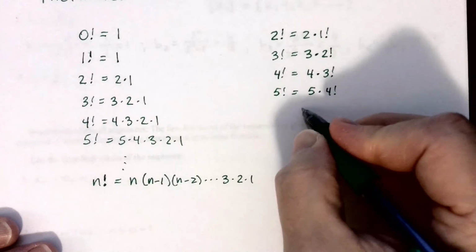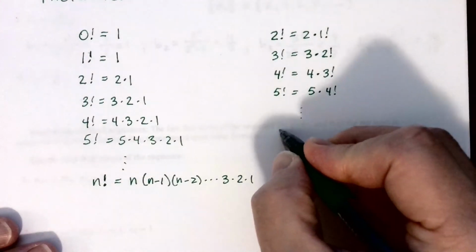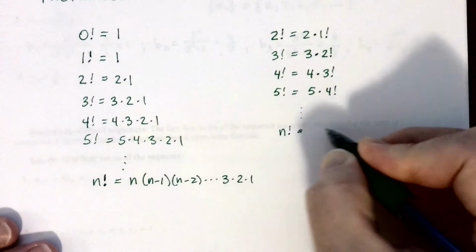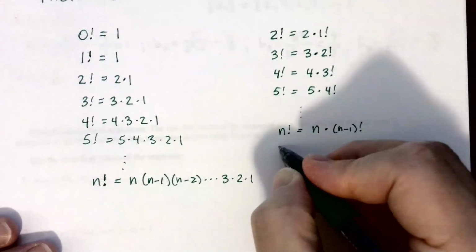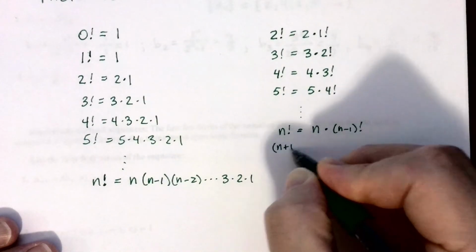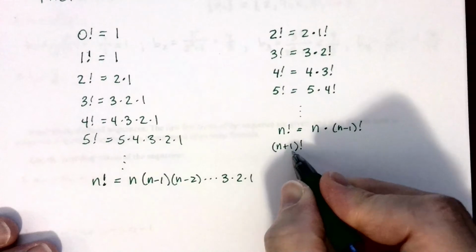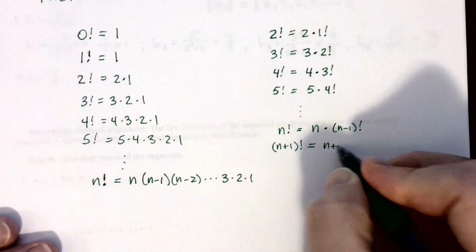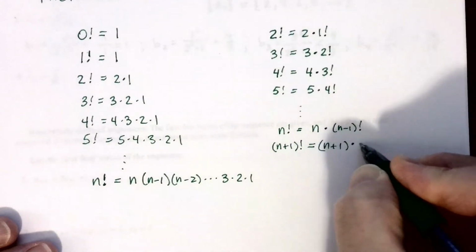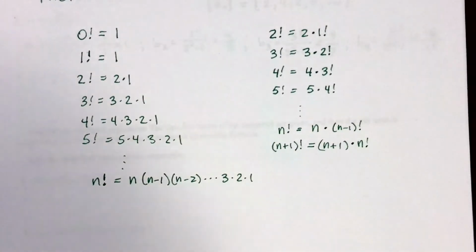In general, n factorial is equal to n times n minus 1 factorial. Another way of writing it is n plus 1 factorial is, and notice I need n plus 1 in parentheses before taking the factorial, n plus 1 times n factorial. Factorials are a very convenient way to write out products like this compactly.